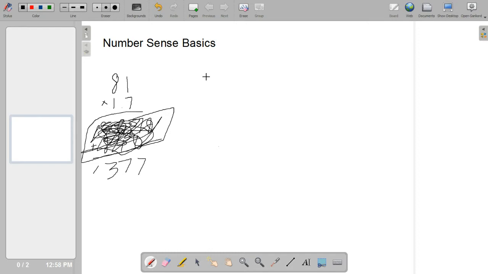So if we try the same problem, we multiply 1 times 7, and then 1 times 1 plus 8 times 7, we get 57, and then we multiply 8 times 1, we get 8, add the 5, that's 13.